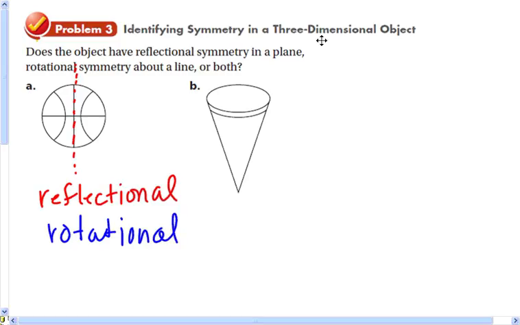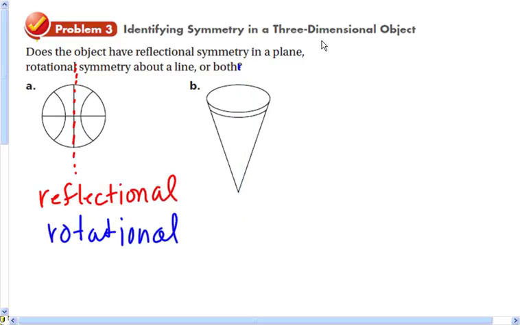Now this one here, I think we could split this down the middle with a plane. So you're thinking more along the lines of if you cut this object like this, does it map onto itself? And yes, it does.